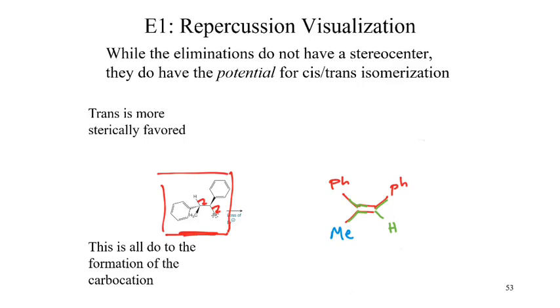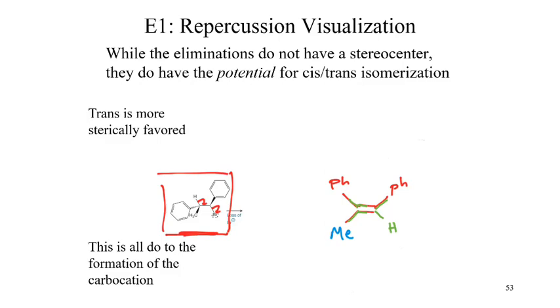You will notice that I am not drawing it in this fashion, Ph and methyl, because that bond angle doesn't exist. So be careful that when you go through and draw these things, you are trying to draw them as accurately as possible.